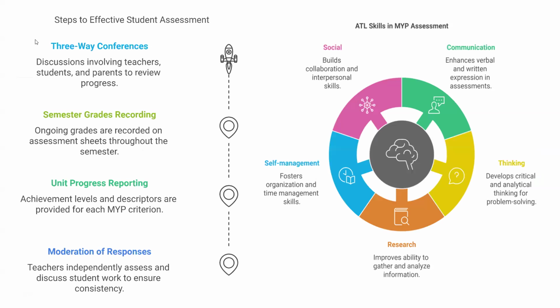Now, what are the different steps for making sure that effective student assessment takes place? First, once the student has done the test and the teachers have checked the task, you need to moderate the response. Moderation is a requirement of the program.